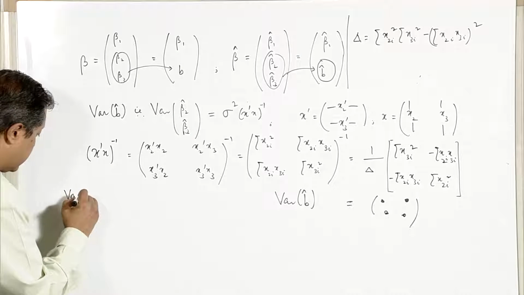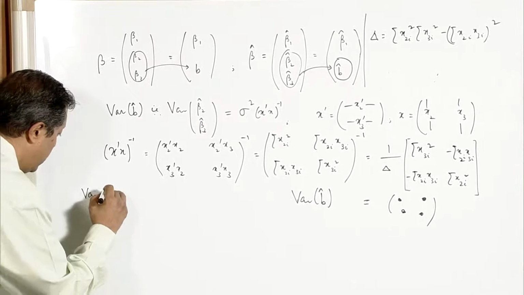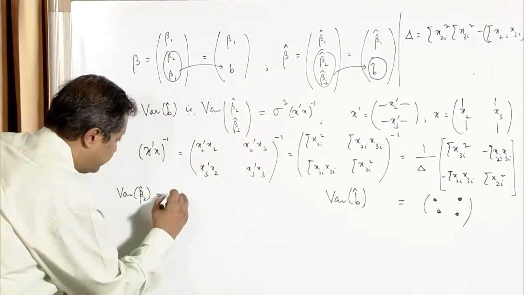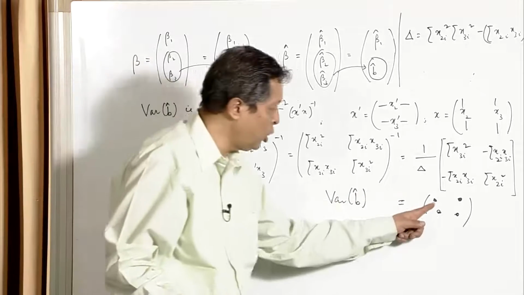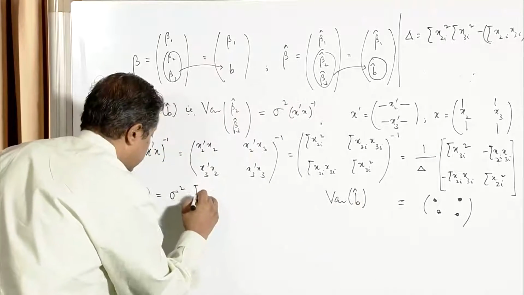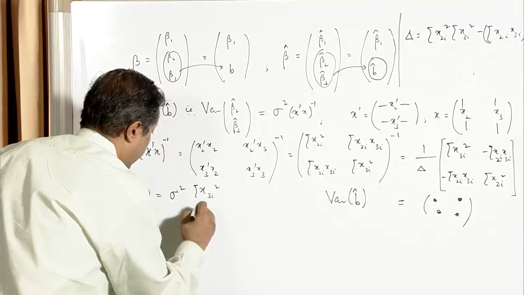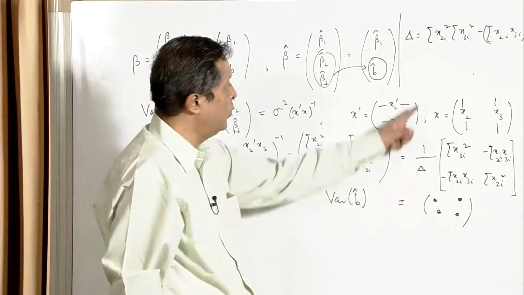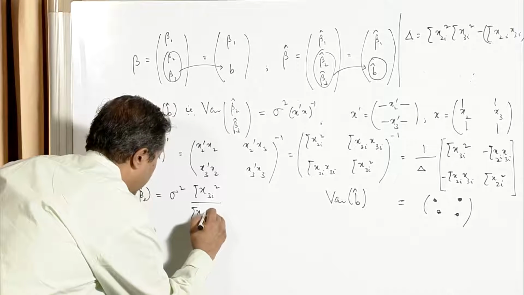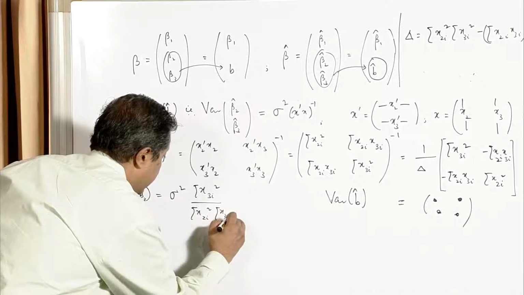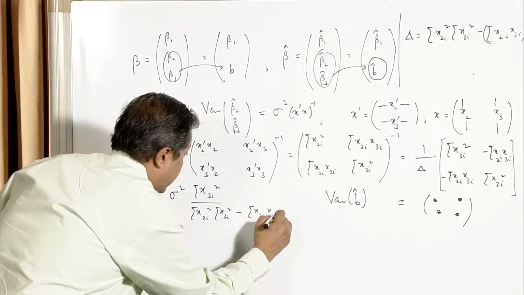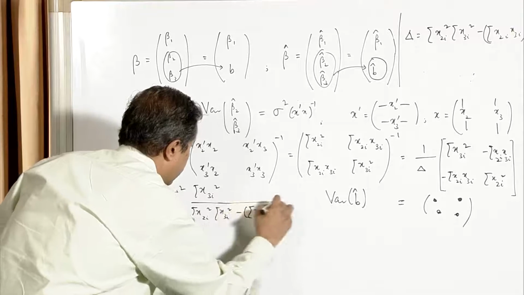So, variance of beta 2 hat will be equal to sigma square, and this top left corner element, summation x3i square, divided by delta, which is summation x2i square summation x3i square minus summation x2i x3i whole square.